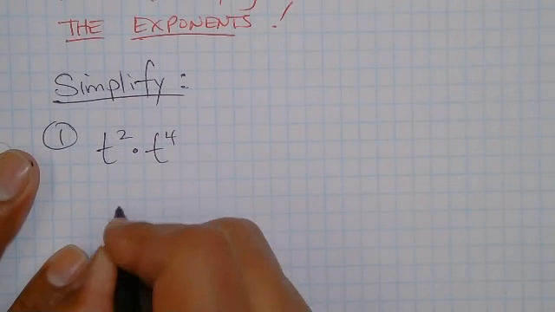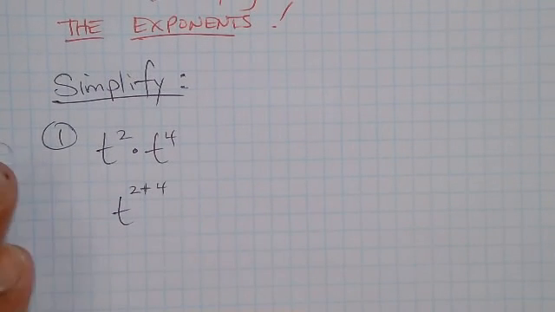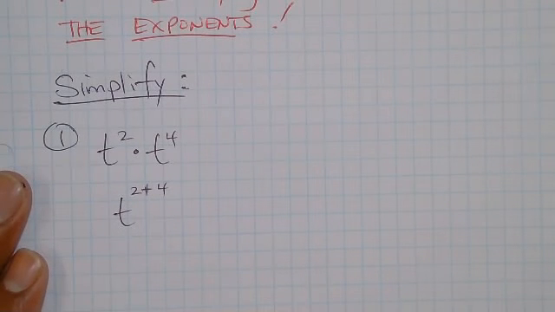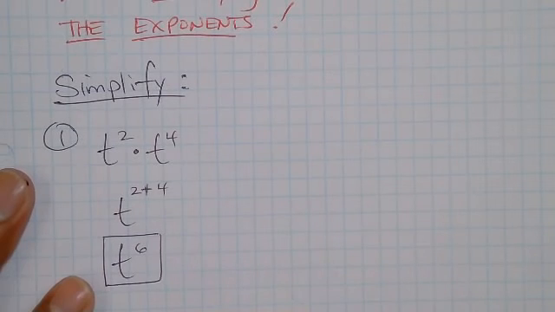No, T^6, right? We keep the T, and these exponents do not multiply. You add them, right? That's what I'm talking about. 2T? No. We're not doing that. That's what I'm telling you. You add the exponents. Don't get it confused. T^6, yeah?